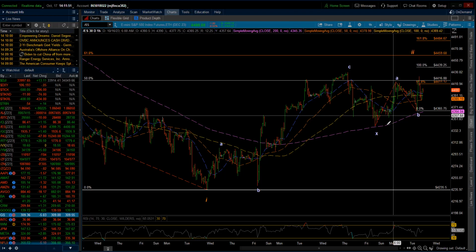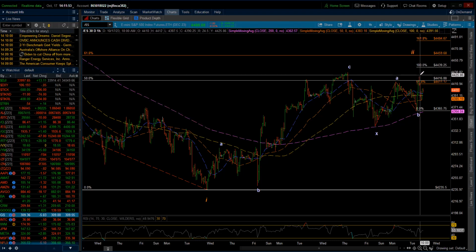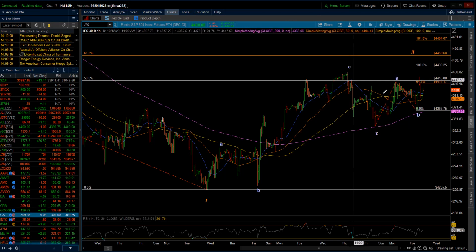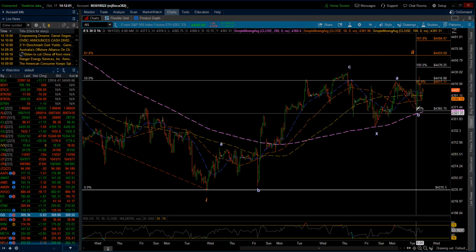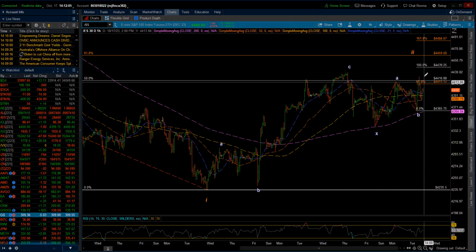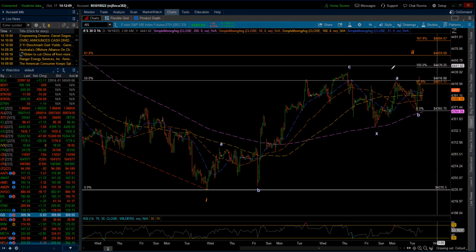Okay, so now let's take a look at that technical picture. We have the possibility that the C wave is complete and in turn, likely is not going to break above here. We have that possibility. But I am of the opinion that we will make one more shot higher and end up somewhere around 44.40.